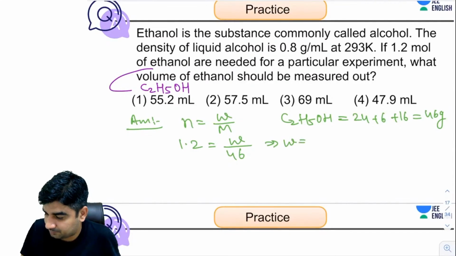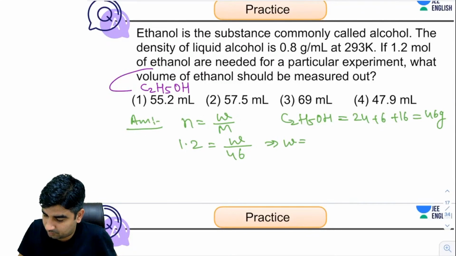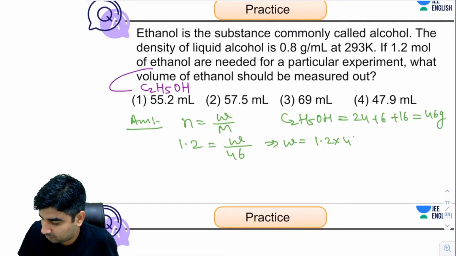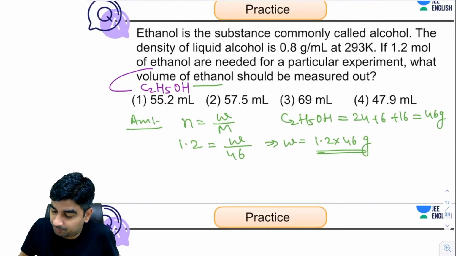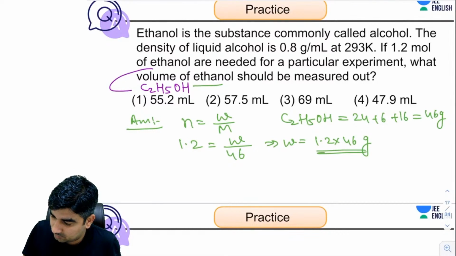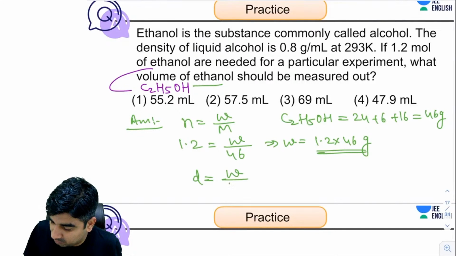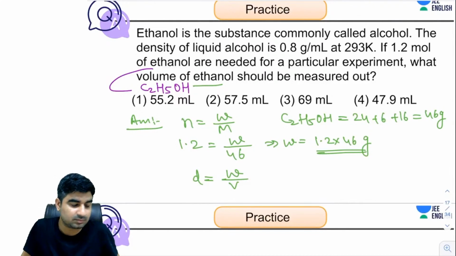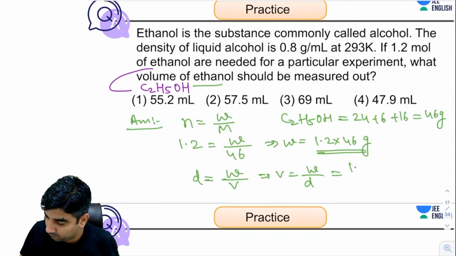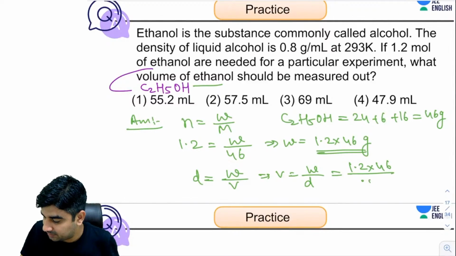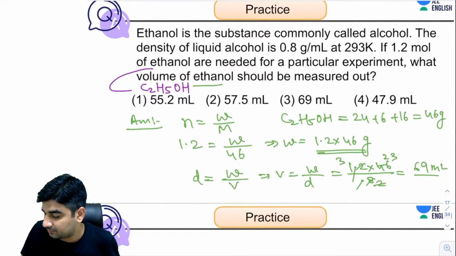So weight will be this. Now what is asked? What is the volume? So density is weight upon volume. So volume will be weight upon density. So weight is this and density is 0.8, 2 and 3, 23, 69 ml.